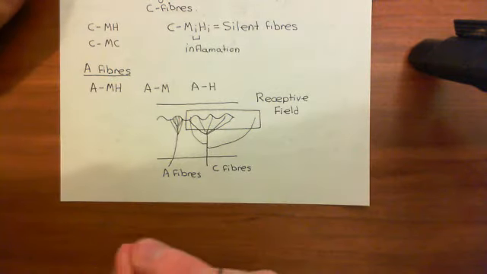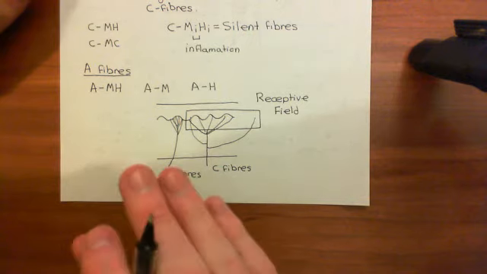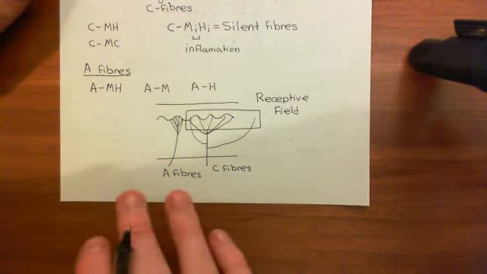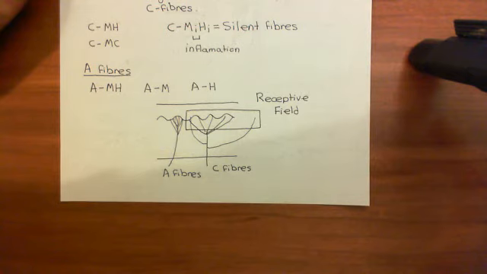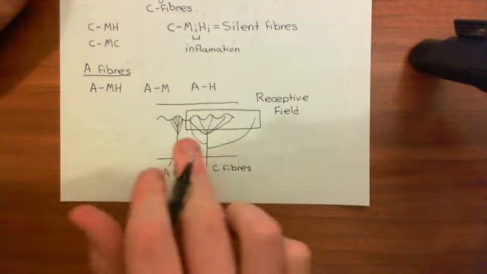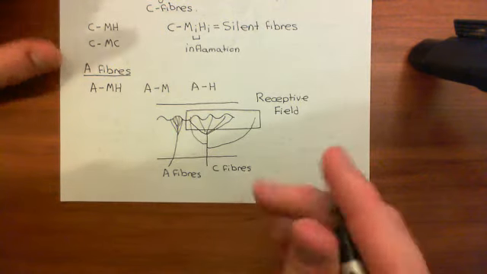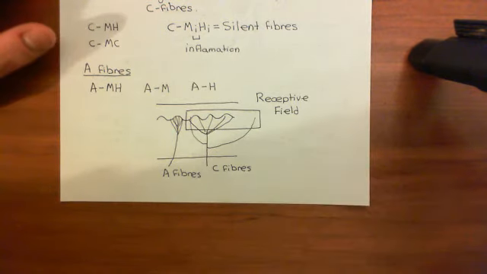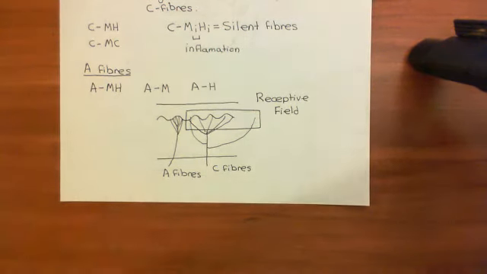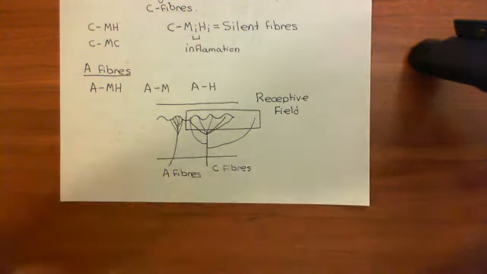Now, what's the significance of this? Well, there's more distinguishing factors between the A fibres and the C fibres that I firstly need to tell you about in order for us to understand the true significance of these receptive fields being different. The other thing I need to tell you about is that when we experience pain, let's say we just cut ourselves, and we are now experiencing pain, initially you get a very, very sharp form of pain.